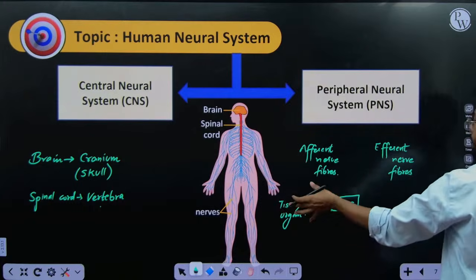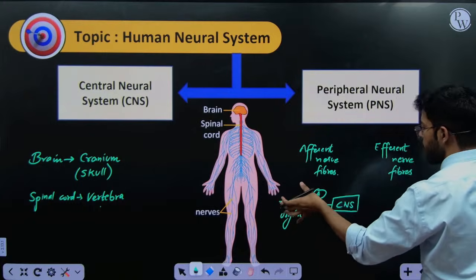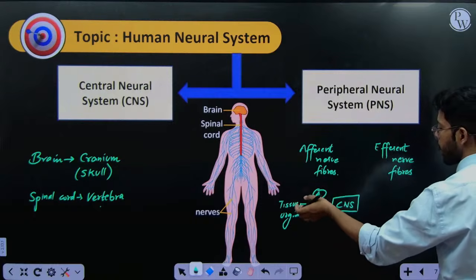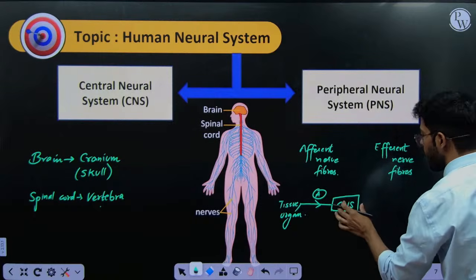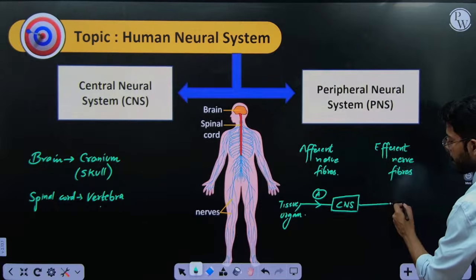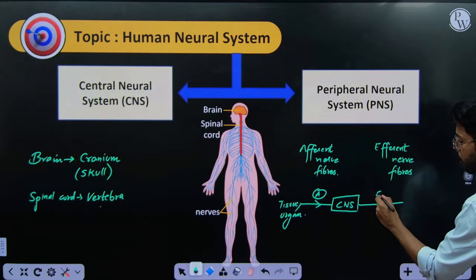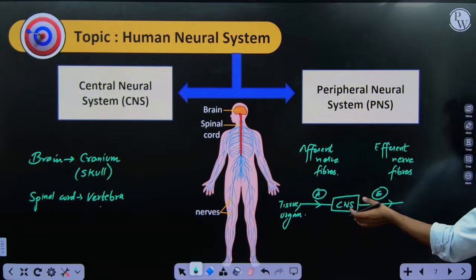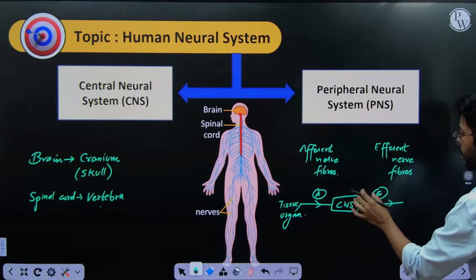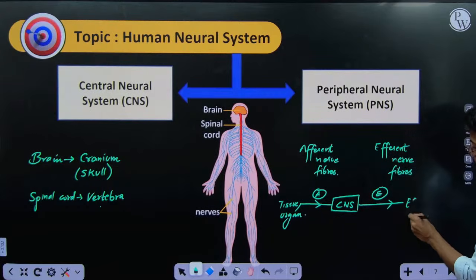Or we can say these are the sensory organs which receive the stimulus and send impulses to the central nervous system. And efferent are the fibers which come out from the central nervous system to the effector muscle or tissue.